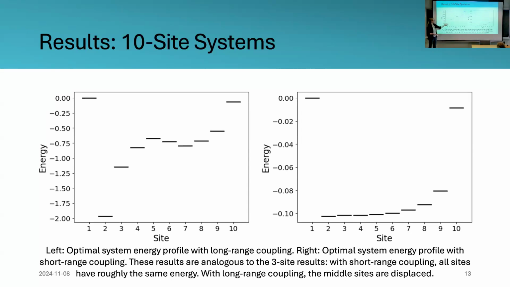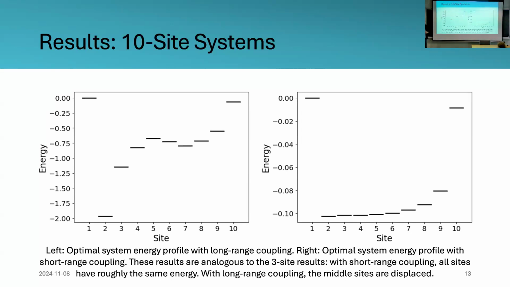Obviously, there's going to be some jumping through all the sites, but in theory, it's easier to just go from site 1 to site 10, is what we think. We haven't fully wrapped our minds around these results yet, but that's our current working theory.